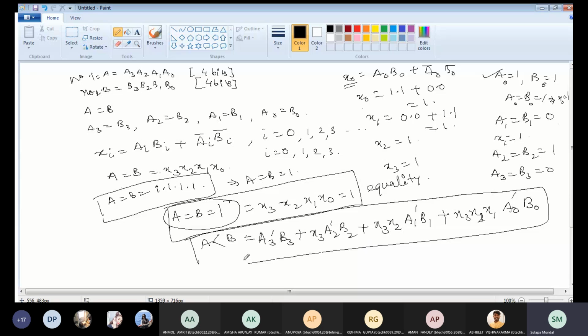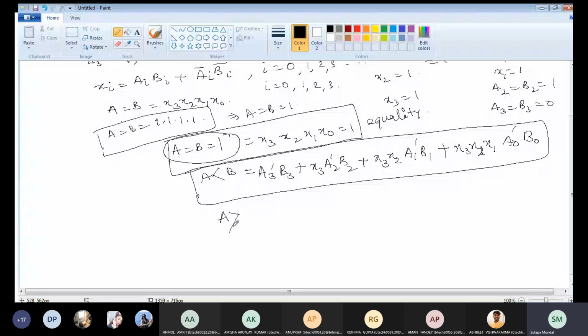The next one is the condition when A is greater than B. So what will you change here, dear students? The number having the lesser value, that you will write first, that is B3 dash, and A3.